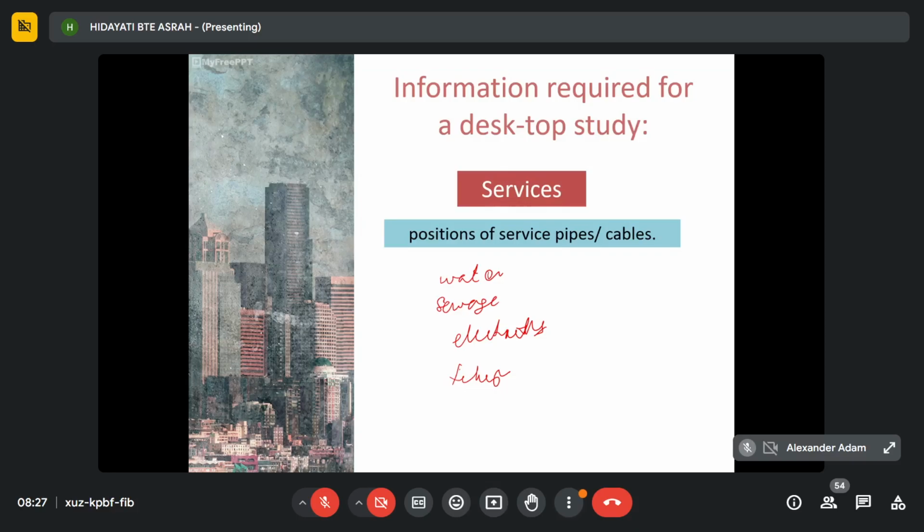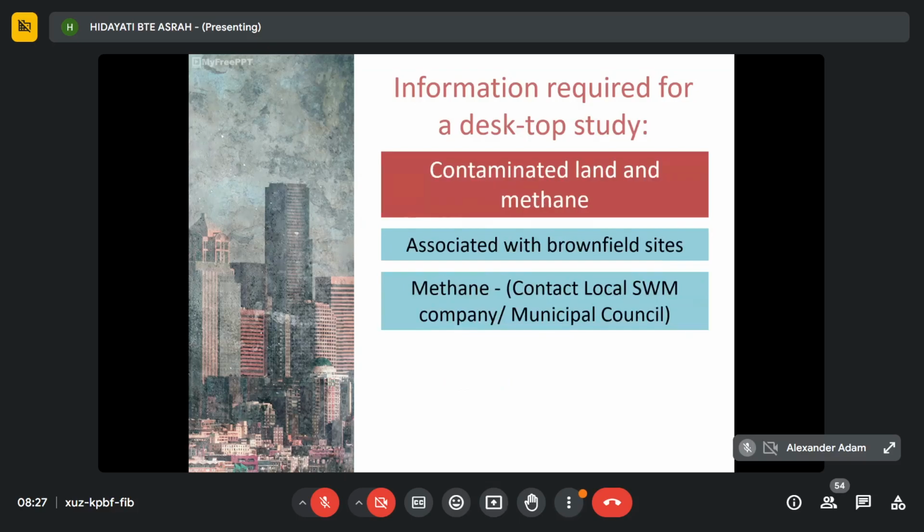Okay. And then from the desktop study also, you can obtain information about contaminated land, or whether your site project contains methane or not. Usually this is associated with the brownfield site. We already explained this brownfield site. So for this problem, we can contact local authorities such as Jabatan Alam Sekitar for help.